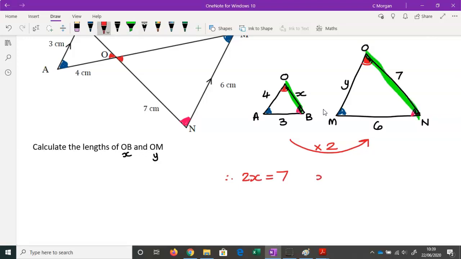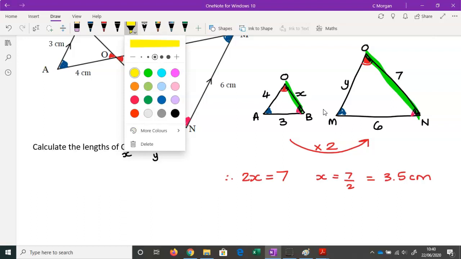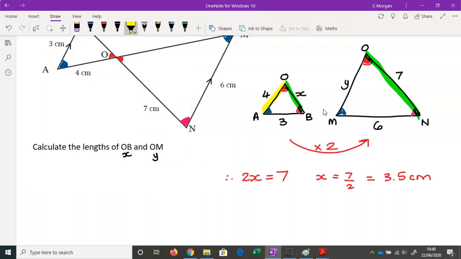So therefore I know that X is going to be 7 over 2, or 3.5 centimetres. In order to find Y, I'm looking at my other side that's corresponding. So I've got side OA, which is 4, corresponds to OM, which is Y. And therefore I know that 2 lots of 4 is the same as Y. Therefore Y is 8 centimetres.